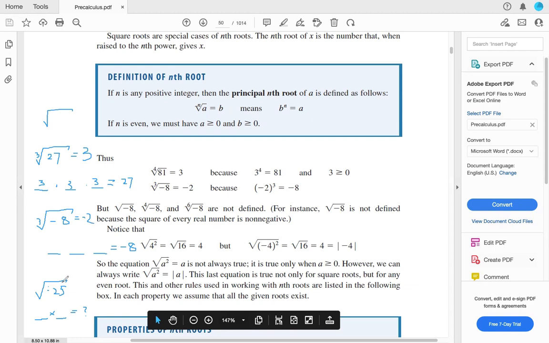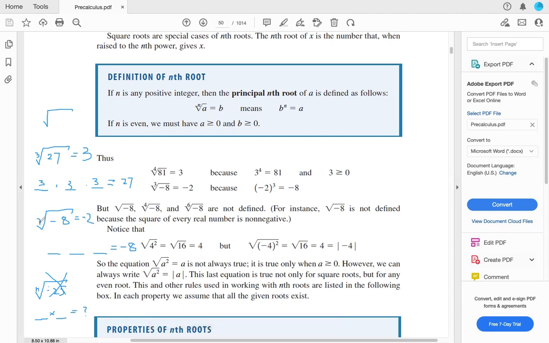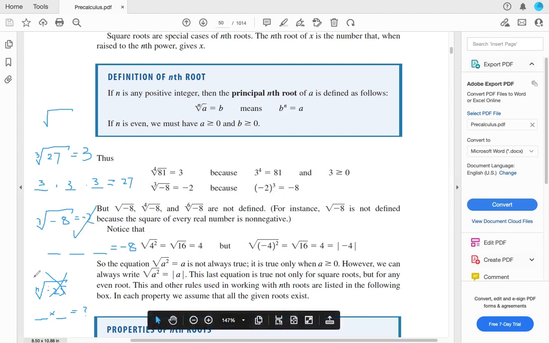So we don't expect to see a negative number inside the radical when n is an even number. If n is an odd number, this is possible. But if n is an even number, it's not possible to see a negative number inside the radical. You need to keep this in mind, and it's really good to review this concept.